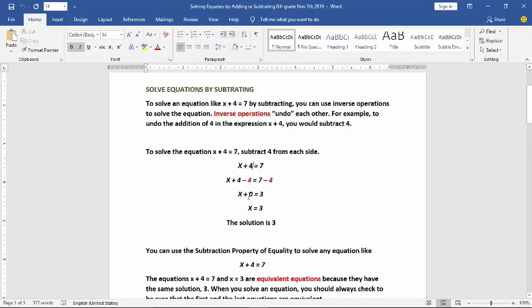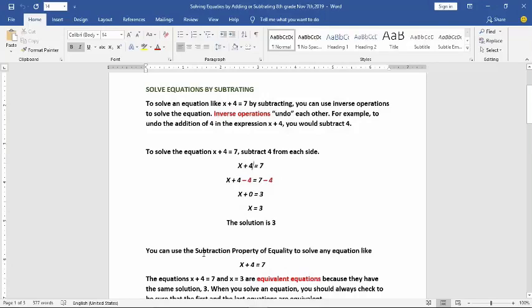To isolate the variable, here I have 4 minus 4, it's 0, so I isolate the variable. And 7 minus 4 is 3. X plus 0 is still x, and 7 minus 4 is 3. So the solution is 3.